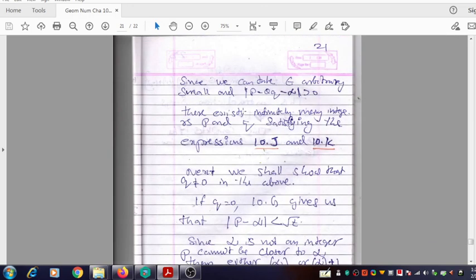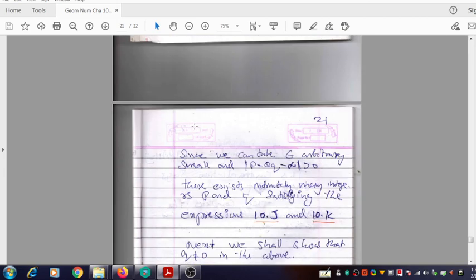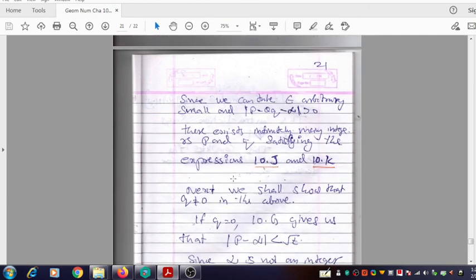And since we can take epsilon arbitrarily small, modulus of p minus theta q minus alpha is greater than 0. And also we know that this is a positive quantity, so it is greater than 0. Modulus of p minus theta q minus alpha is greater than 0.